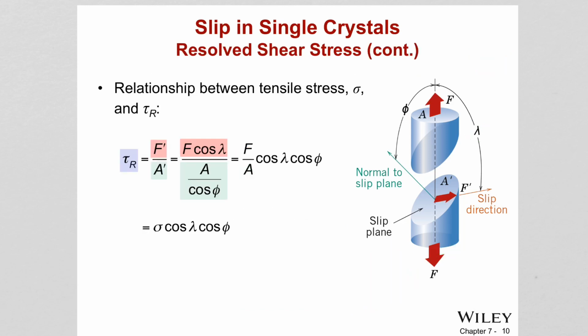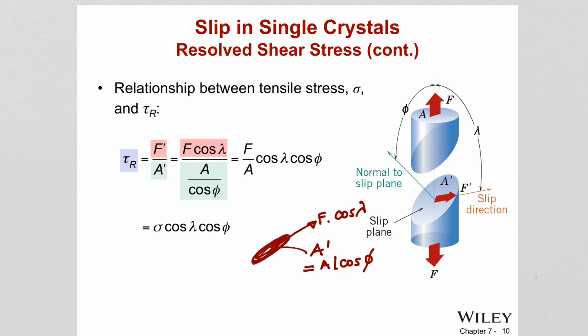So we now know what are the forces acting on that area and what is the area, right? This was A prime, which was equal to A over cos phi, and this was of course F times cos lambda.